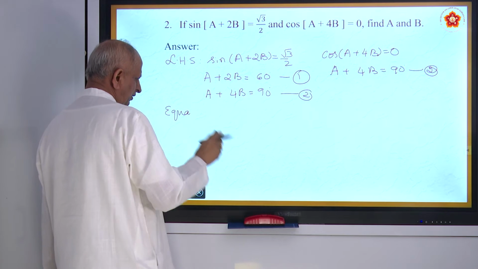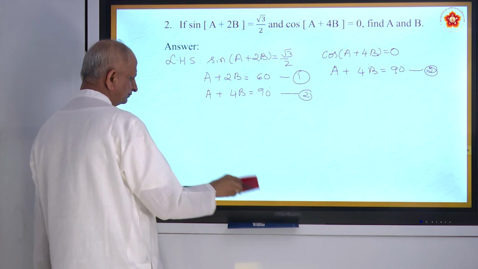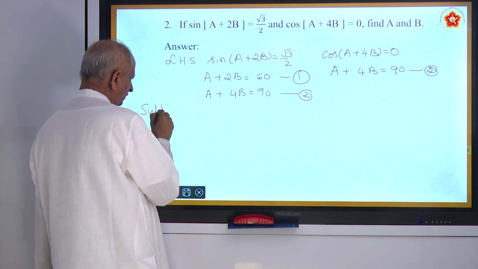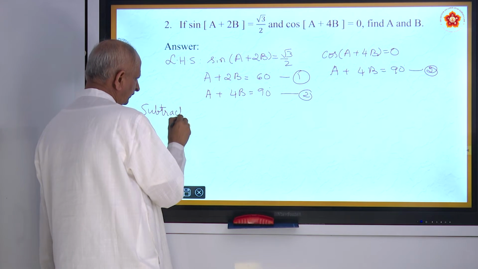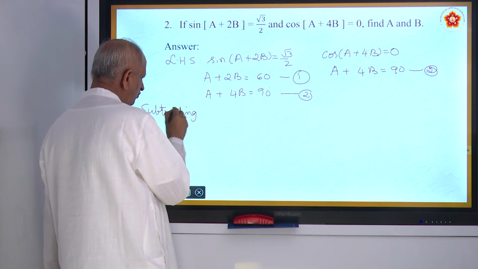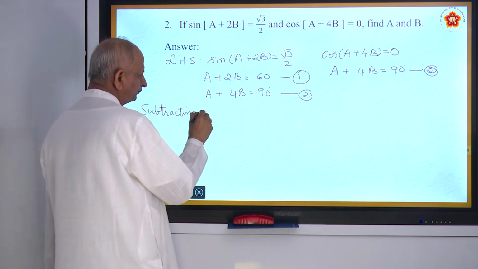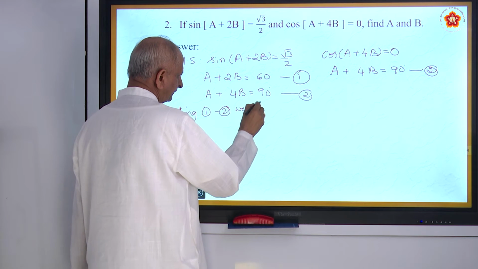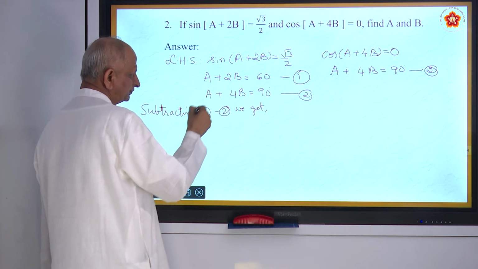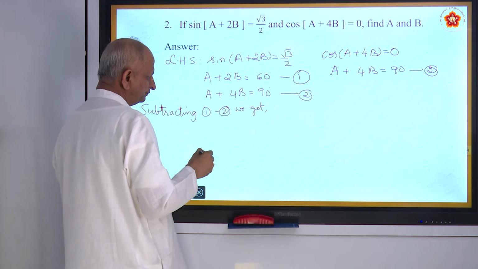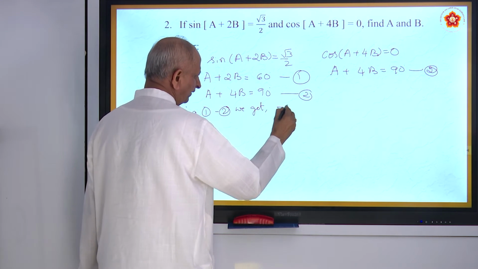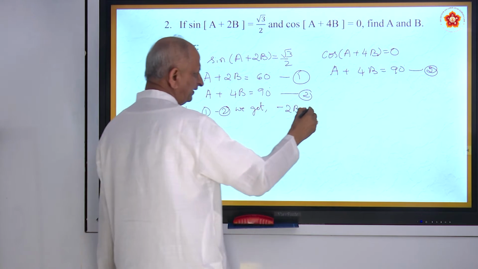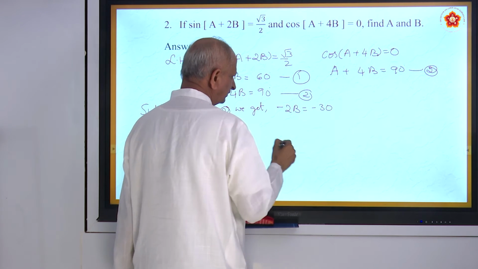Subtracting equation 1 minus 2, we get A cancels. 2b minus 4b, you get minus 2b is equal to 60 minus 90, minus 30.